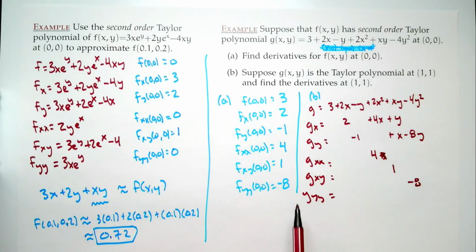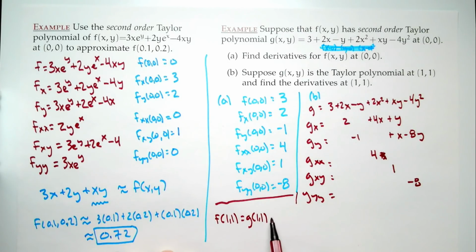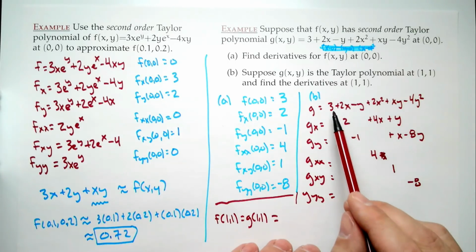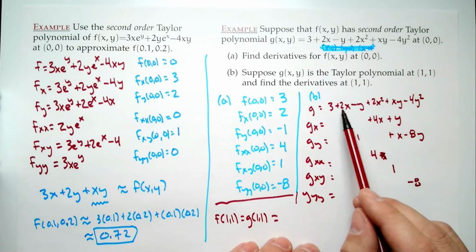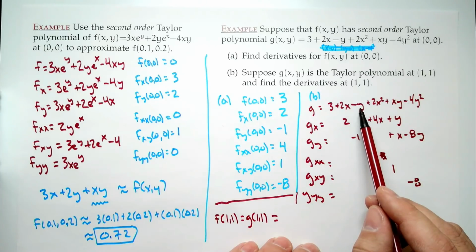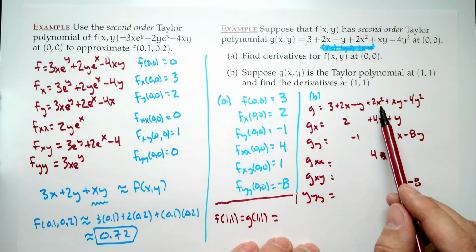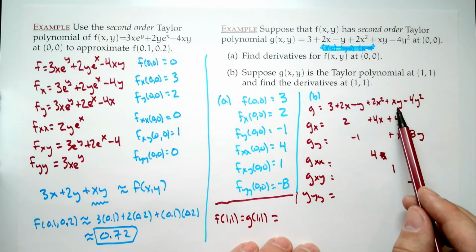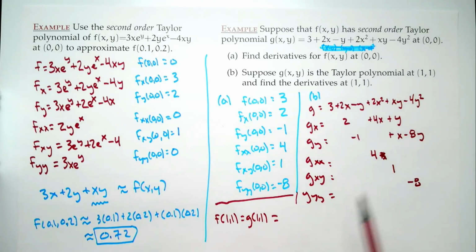Now, what happens here is that I can say the following, that f at 1, 1 will match g at 1, 1, and g at 1, 1, I plug it in. 3 plus 2, 5, minus 1, that gets us to 4, plus 2, 6, plus 1 more, 7, minus 4 gets us to 3.